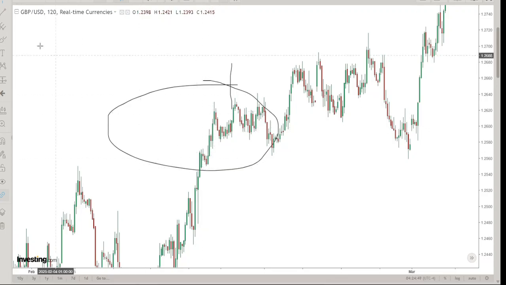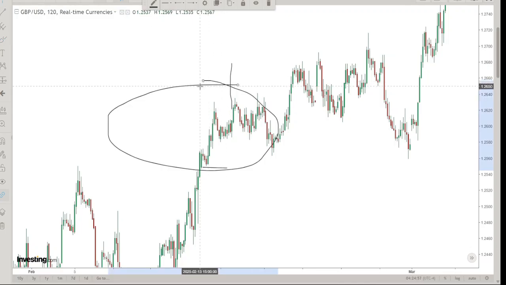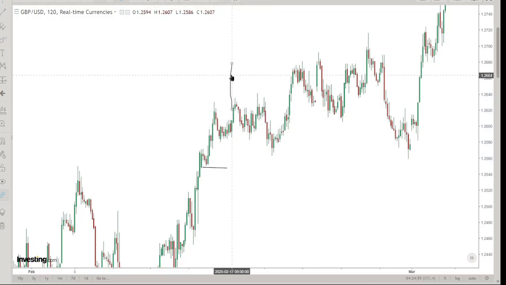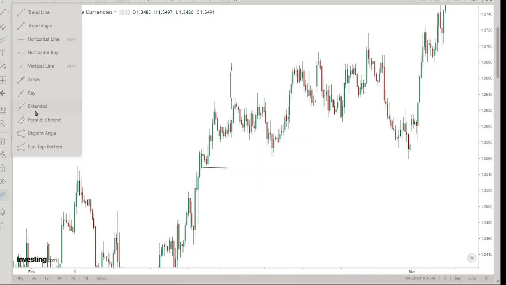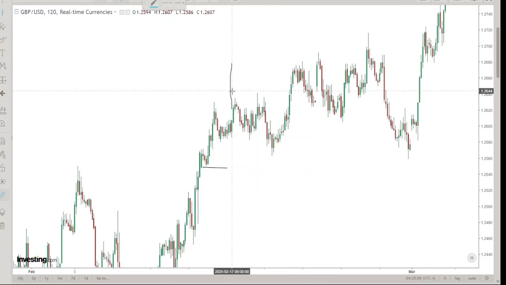So it appears that on this chart, the power came from here, and let's remove the big one to make it easier to view. Let's do this. Let's do a vertical line. Let's remove this. Okay.